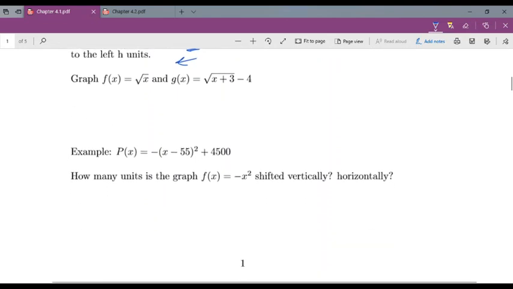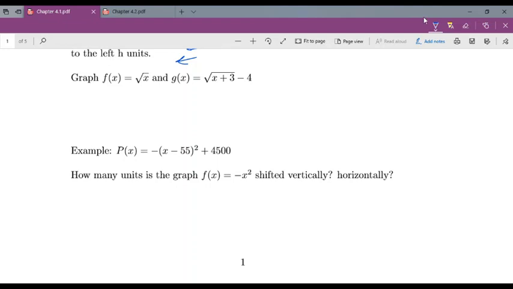So if we've got these here, it says graph f of x equals the square root of x and g of x equals the square root of x plus 3 minus 4. Instead of trying to hand draw this at this point, I'm going to go over to the TI-84 and draw it so you can see what it looks like on the calculator and, hopefully with your intuition, see what it does here.